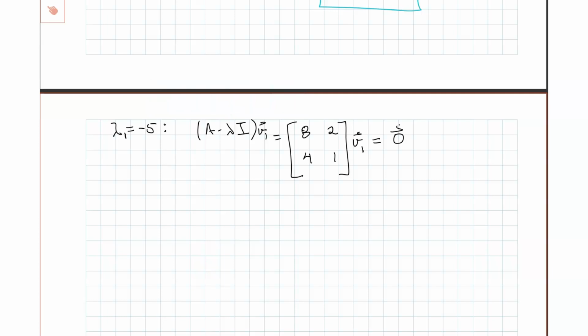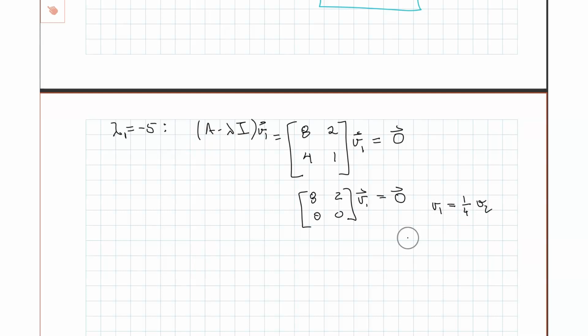To find the eigenvector for lambda equals negative 5, we have to solve this homogeneous linear system. You can see that if we do one row operation, we're going to get the matrix [8, 2; 0, 0] times our v1 vector is equal to the 0 vector. And if I write down the general solution for this, it's going to say that my first component is equal to 1/4 of my second component.